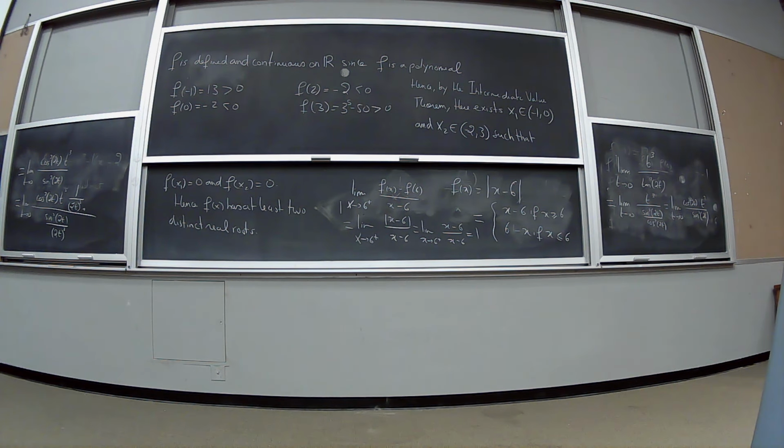So far so good? Are we good here? Could you re-explain why you multiplied by 1 over 2t? I need to apply sine x over x goes to 1 as x goes to 0. So here I have sine x over x cubed.